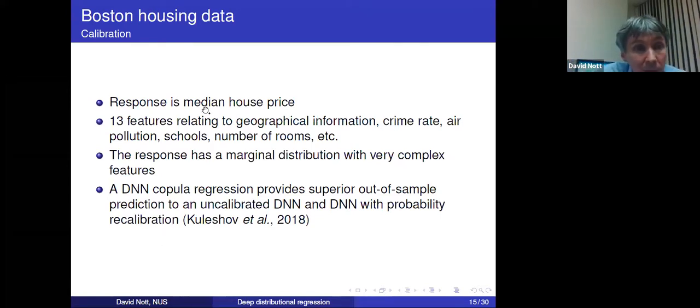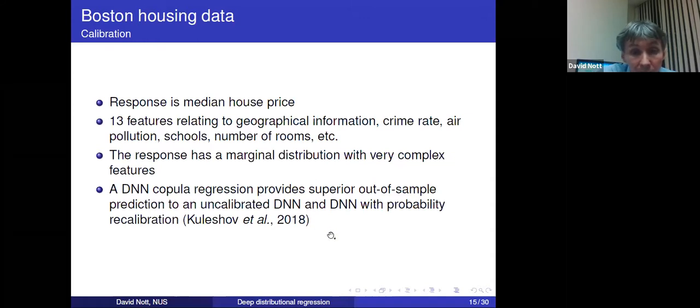In the Boston housing data, you have a response that's median house price measured in some neighborhoods in Boston. You've got some features related to information about the neighborhoods, and the goal is to predict the median house price. For this particular data set, the response has a marginal distribution with very complex features, and that makes this data set well suited to showing off some of the features of our methodology.